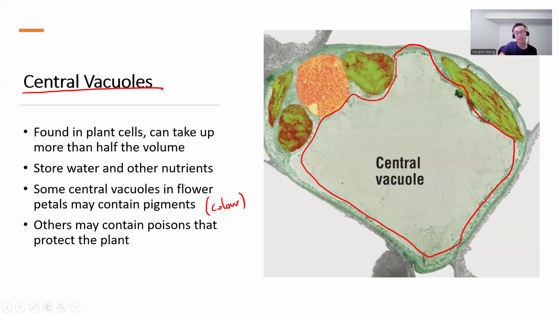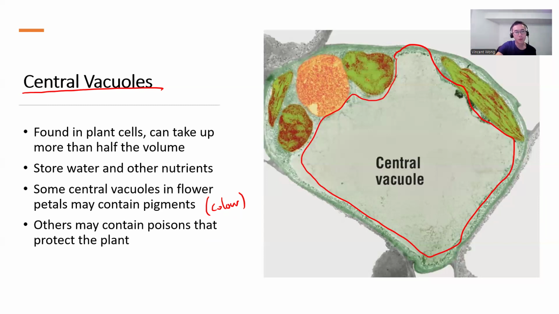And some plants may have poisons stored in the central vacuole as well. Okay, so it's like a storage facility, mostly water and other nutrients, but it can specialize and store pigments or poison depending on what kind of plant and which part of the plant you're talking about.